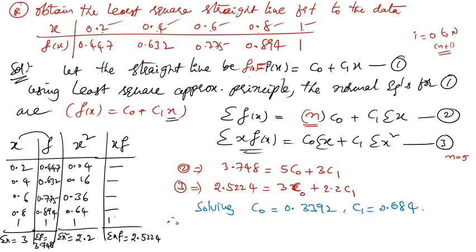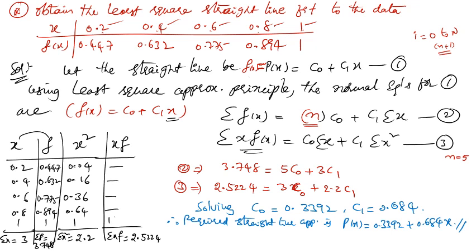Therefore the required straight line approximation is p of x equal to 0.3392 plus 0.684x. This is the required approximation.